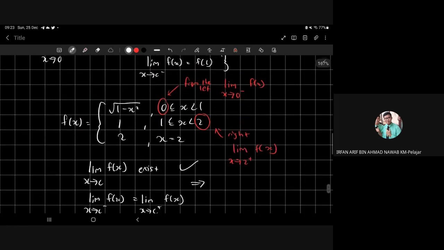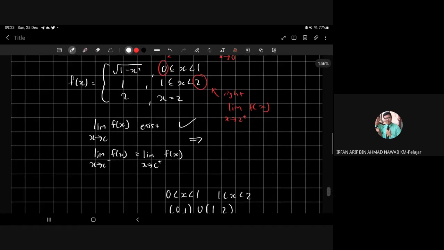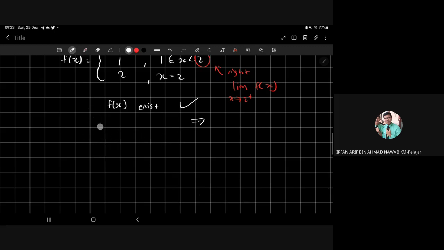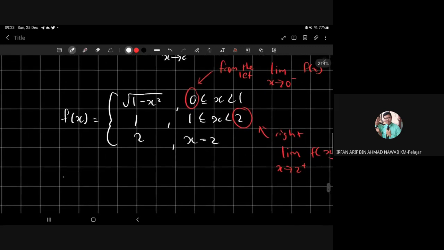Why doesn't 1 get included? Why is the value of 1 not included? So as you can see here, let me drop this down. What happens if limit as x approaches 1 from the left of square root of 1 minus x squared?